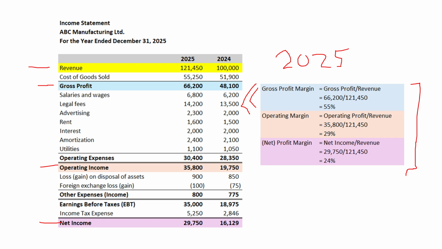Okay. And then the operating margin is how well you can manage operating your business. And that's specific to each operator. For example, if you're running a lemonade stand, like let's say ABC Manufacturing Limited is running a lemonade stand, but then you have some other company also running a lemonade stand, their operating margins might be different because one lemonade stand might have way higher costs, they might pay their workers way more.